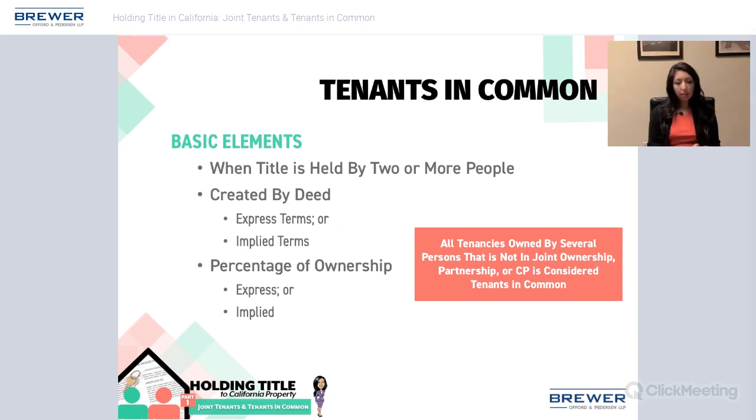You have Jane and Wendy, they either own it 50-50 or 60-40, 70-30, however you want to have it. Regardless of their ownership, each of them has the right to possess their property. And possession can either mean physical possession or just the right to enter and know what's going on.